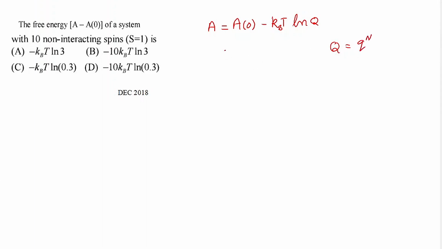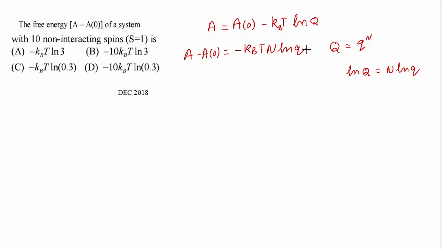So this will become, so we will have A minus A0 is equal to minus k_B T, and this ln Q will be equal to N ln q. So this we can write as k_BT N ln q.